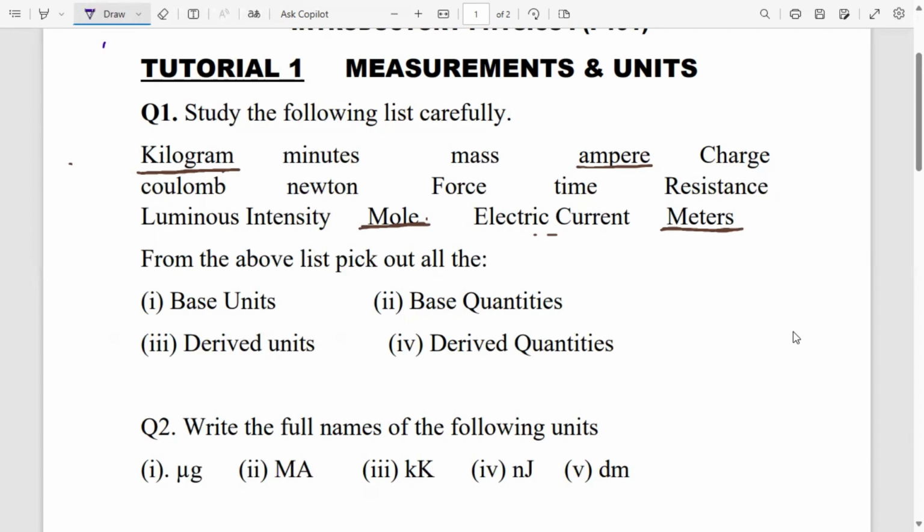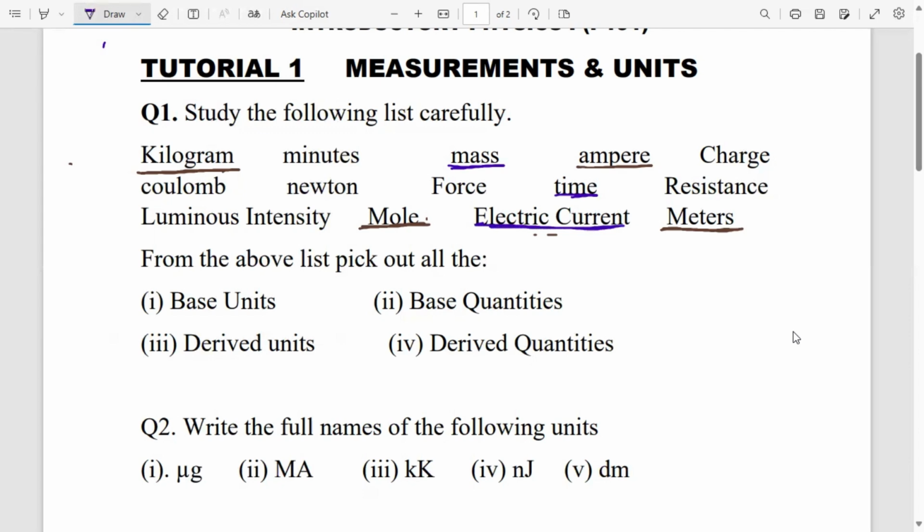Okay, so the base quantities from the list that we've been given, we have mass, one, this one. We have time, two. We have electric current, three, this one.